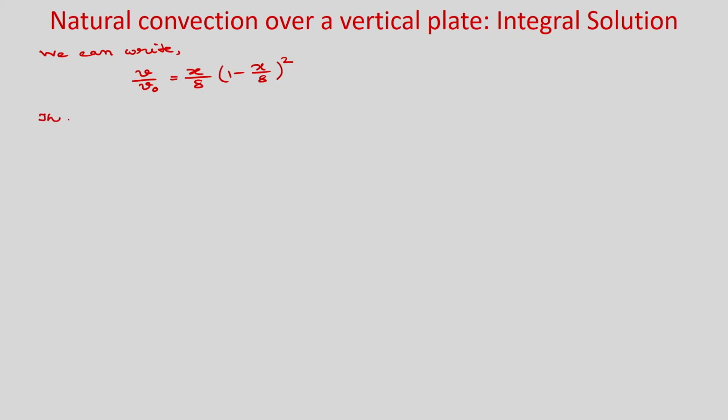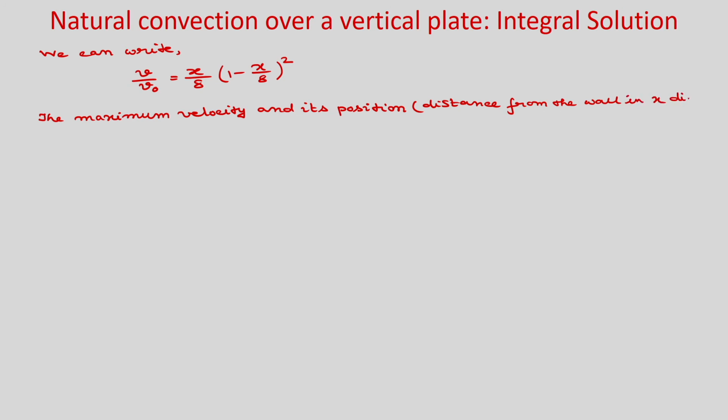So, the maximum velocity and its position, the distance from the wall in x direction, at any y can be obtained as follows.